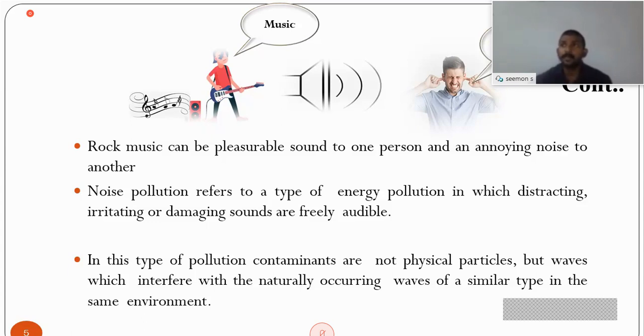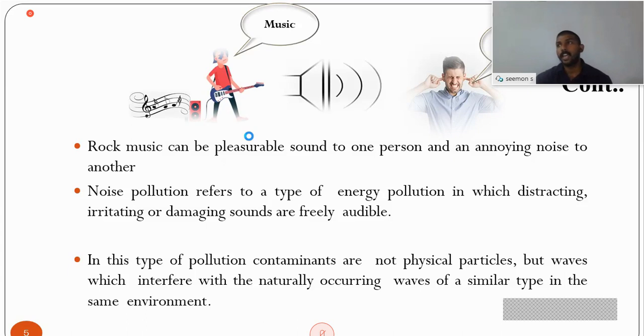These are all physical matter or contaminants which cause pollution. Whereas in noise pollution, there is no physical contaminant causing the pollution. Here, the waves interfering with the naturally occurring waves are the cause of noise pollution.